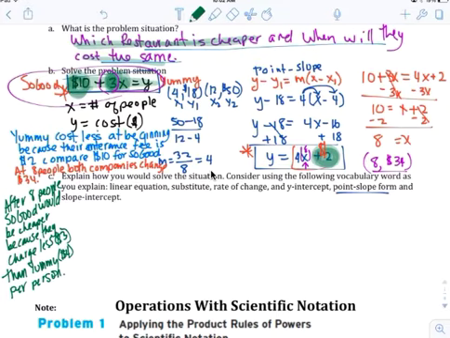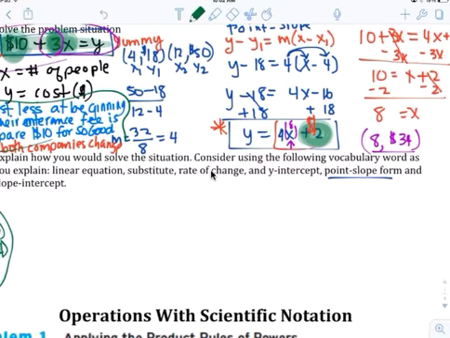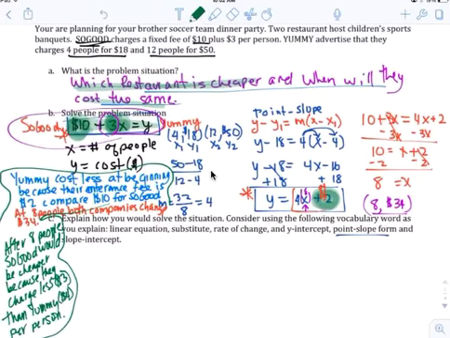On the test, there'll be room at the bottom, so on Friday or Monday after that, I'm not sure when, put this at the bottom of the page. There'll be enough room. Explain how you solve the situation. Consider the following vocabulary word. So this is a quiz question, you guys. Explain how you solve this.